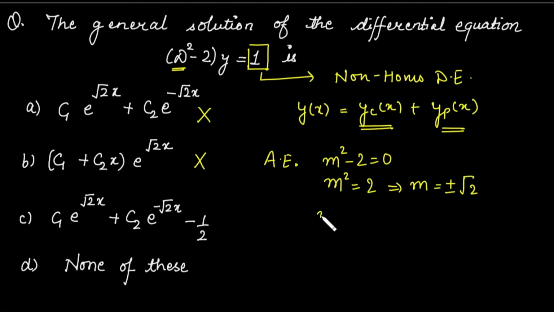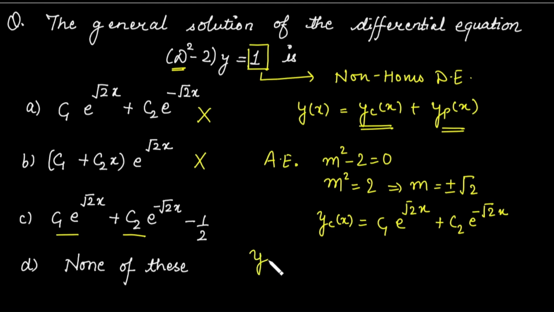In this case, the complementary solution is equal to C1 e raised to power root 2 x, plus C2 e raised to power minus root 2 x. So till now we are getting the same answer, but we need to check whether the particular integral in this case is minus 1 by 2.